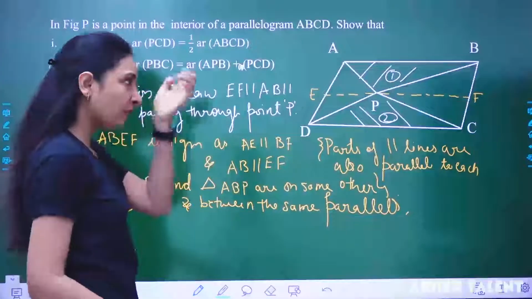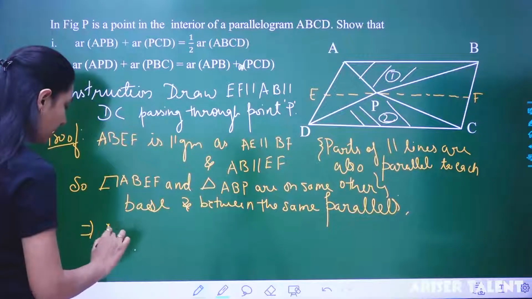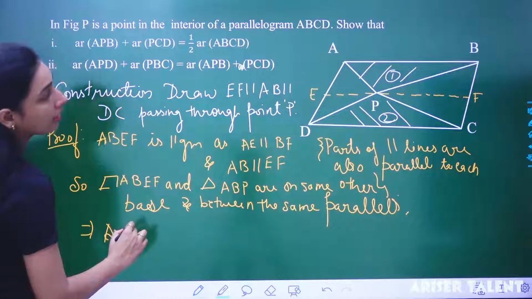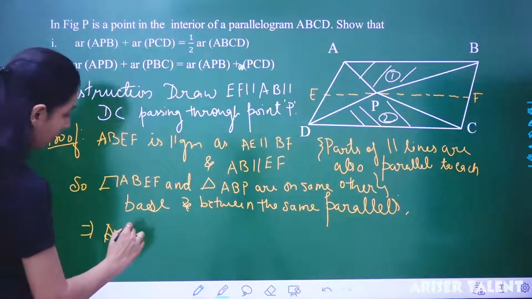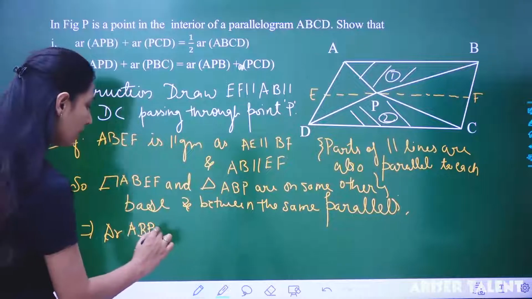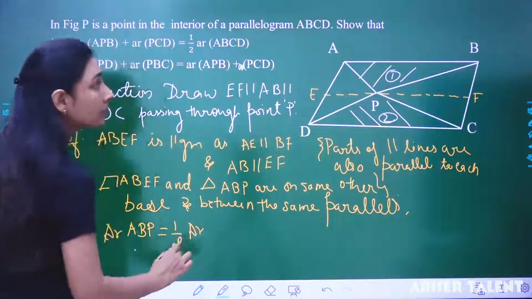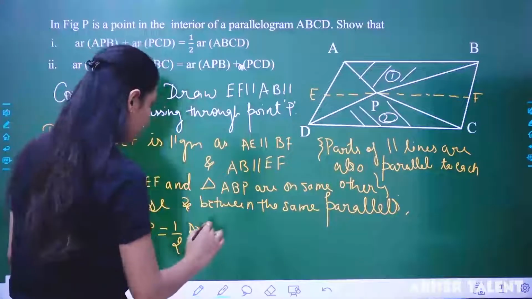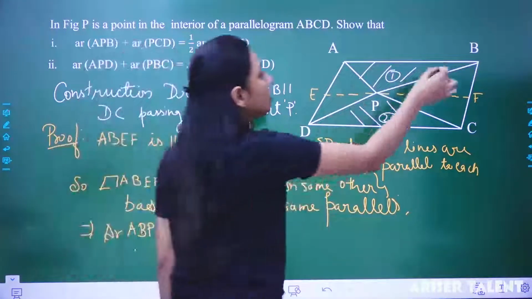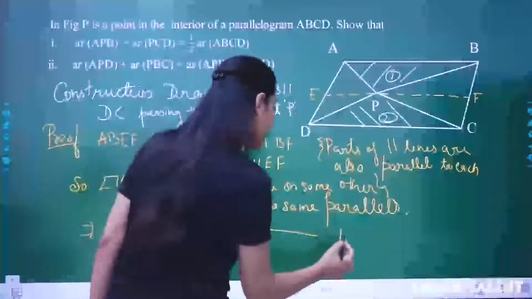Okay, so by our theorem we can now say that area of triangle ABP is equal to half area of ABFE. The area of this triangle will be half of the area of this parallelogram. Okay, so this is one.